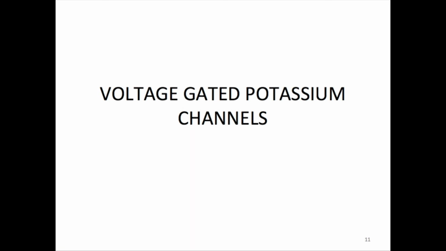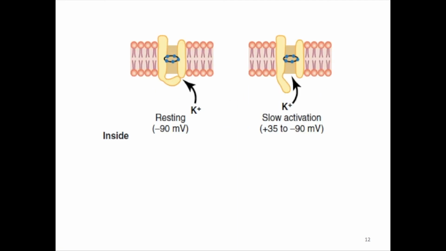Let's now move on to voltage gated potassium channels. This channel has one gate only, which is present on the inside of the channel. At the resting membrane potential of minus 90 millivolts, the gate is closed.